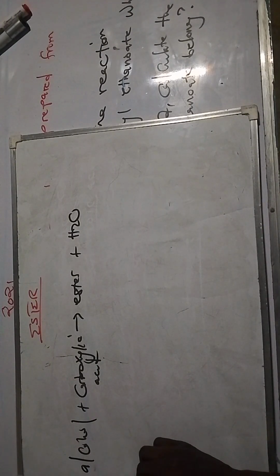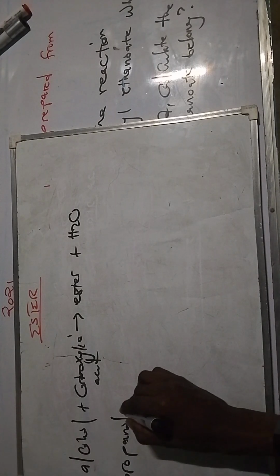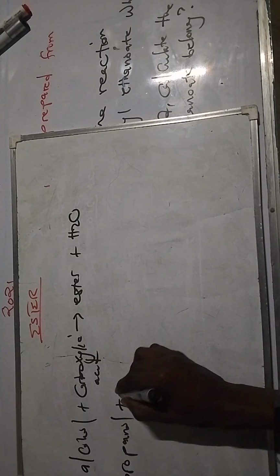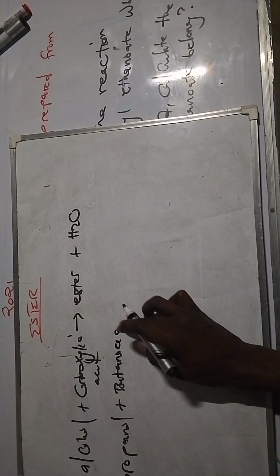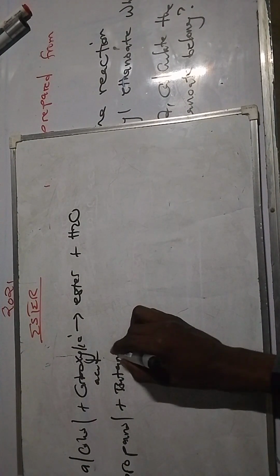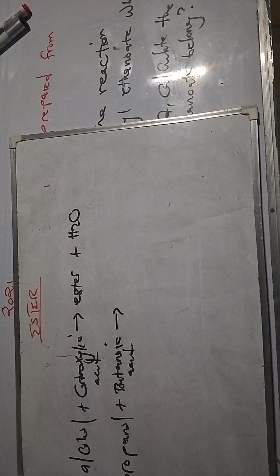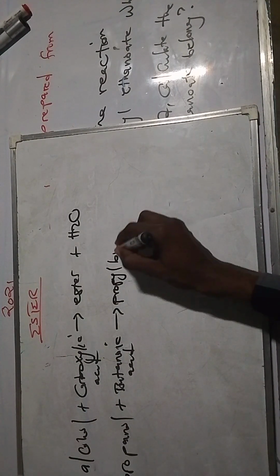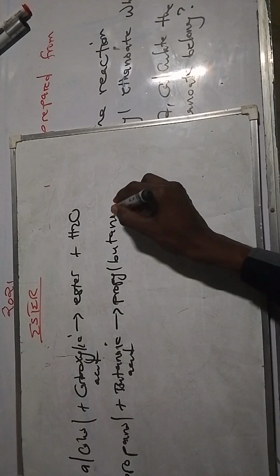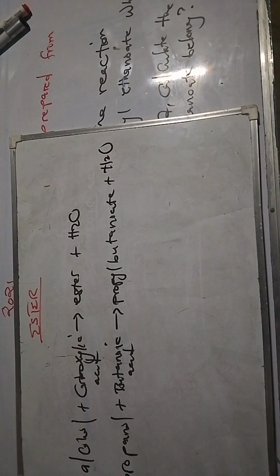We have propanol plus butanoic acid, forming propyl butanoate plus water. That is how the equation will be formed.